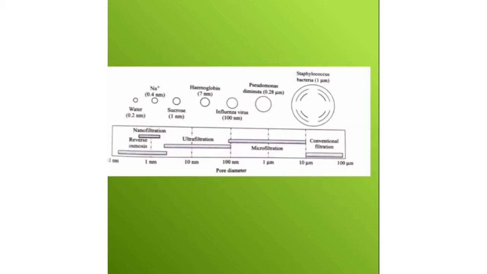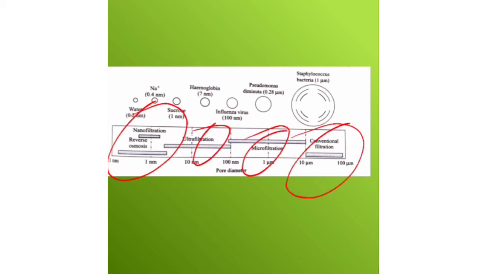So now move on to the pore diameter relationship. Here the pore diameter relationships for nanofiltration, reverse osmosis, ultrafiltration, microfiltration, and for conventional filters are given.